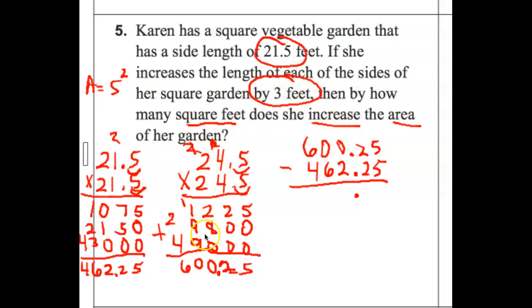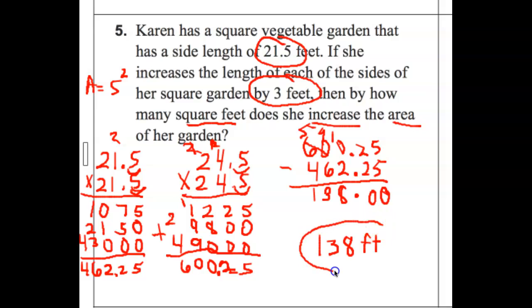When you multiply, it doesn't really matter. You deal with the decimals later, but when you add and subtract, you have to make sure that all the decimals are lined up. So go ahead and solve this for me, please. Okay, so if you said 138 feet, you are correct because 138 and 0 100ths is the same as 138. That is the increase in the area.